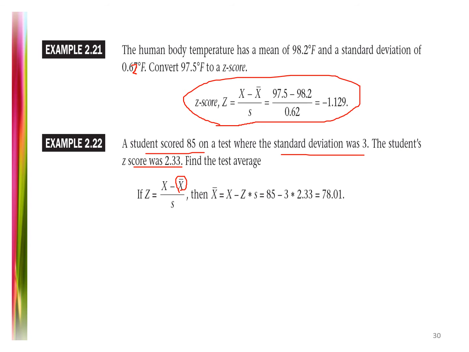They already gave the standard deviation equal to 3, the Z-score equal to 2.33, and the individual observation equal to 85. Just substitute here: x bar equals x minus Z-score multiplied by standard deviation. That should be equal to 78.01. So that is x bar. In this case, we can apply that formula in any direction.